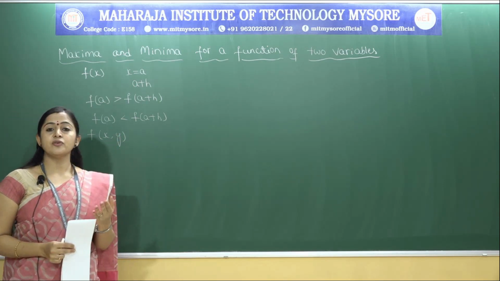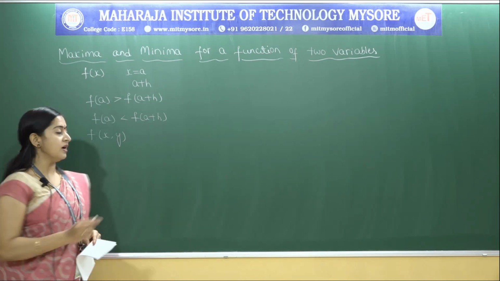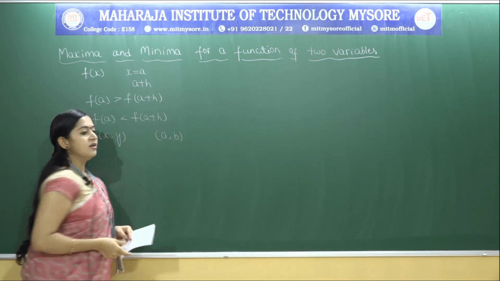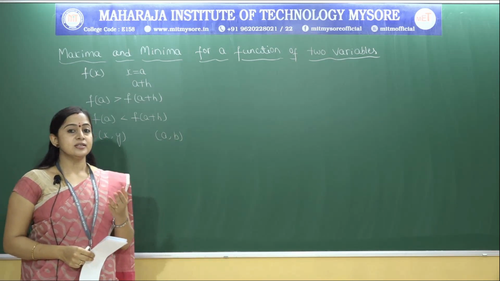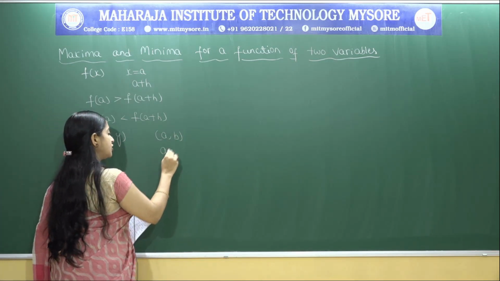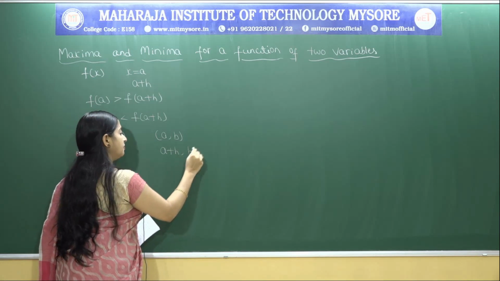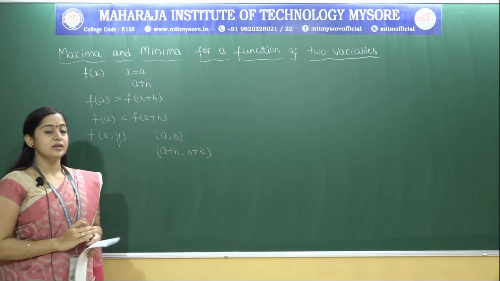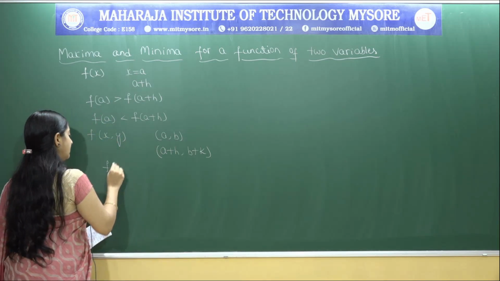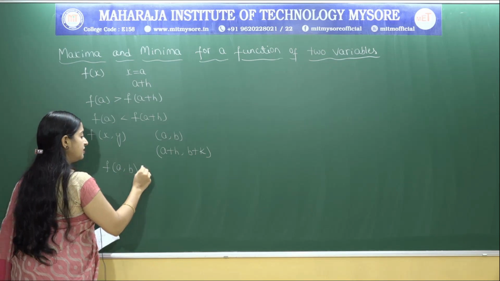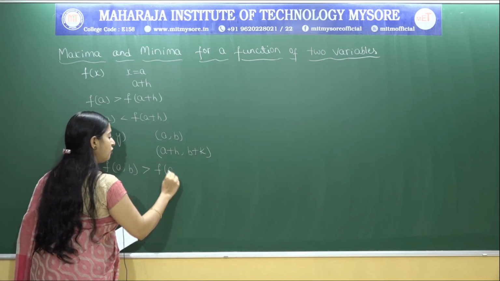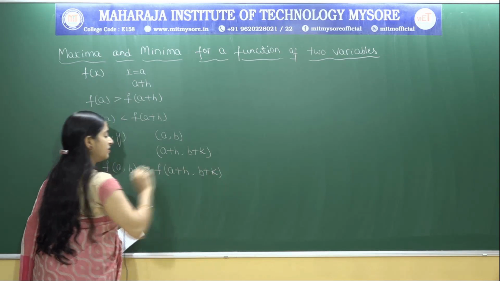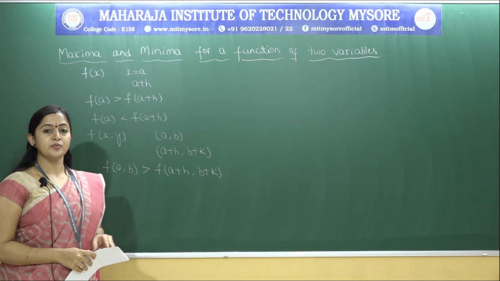Then the function f of x comma y is said to be a maximum at a point a comma b if there exists a neighborhood, say a plus h and b plus k, where h and k are very small, such that f of a comma b is greater than f of a plus h comma b plus k. Then the function is said to be a maximum.